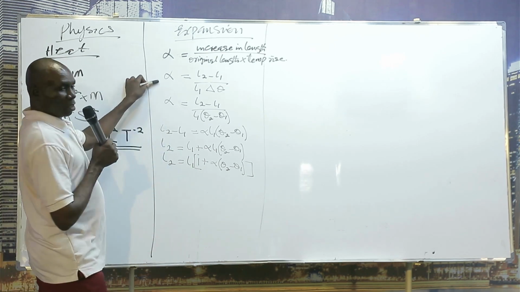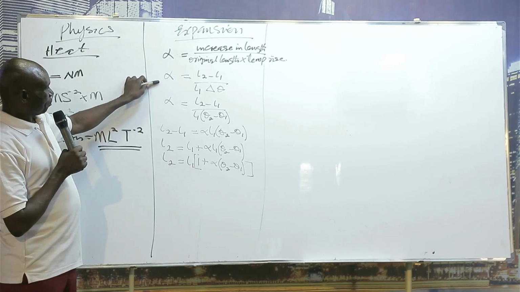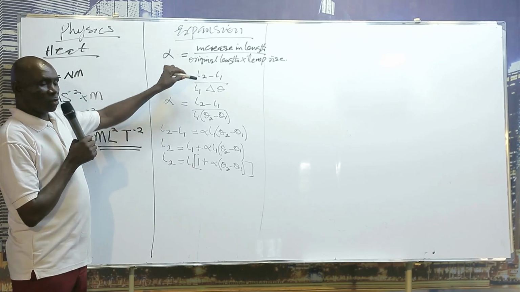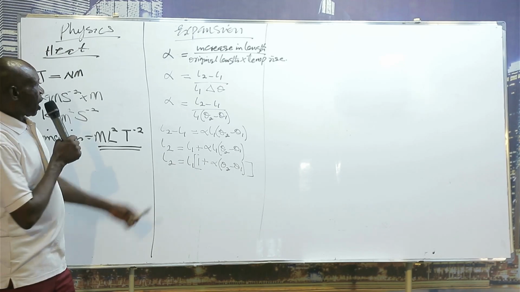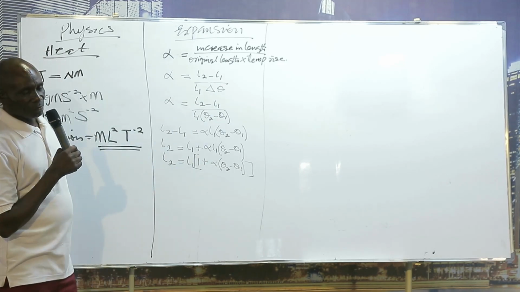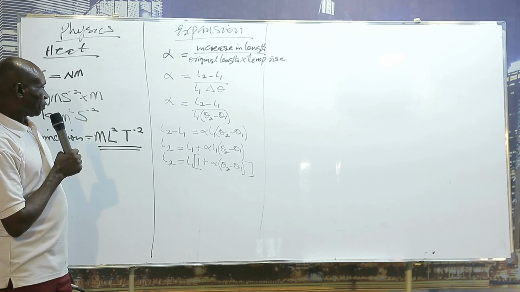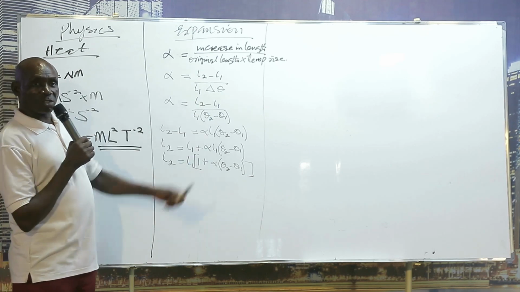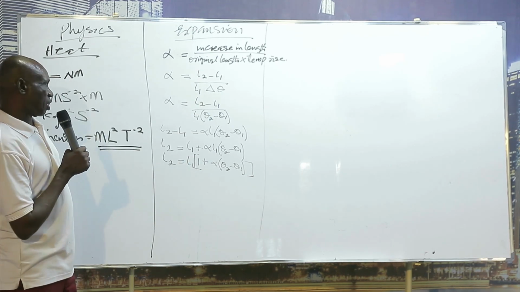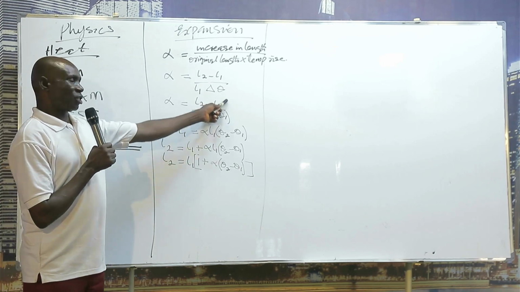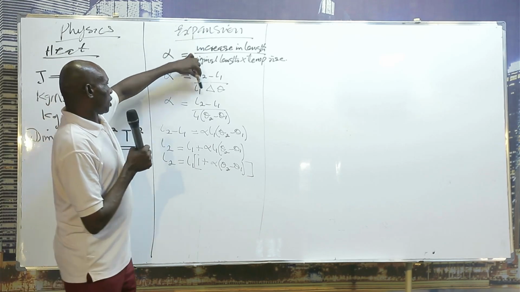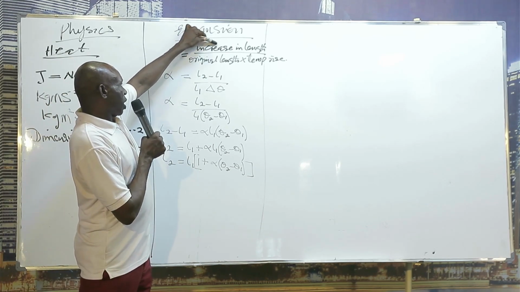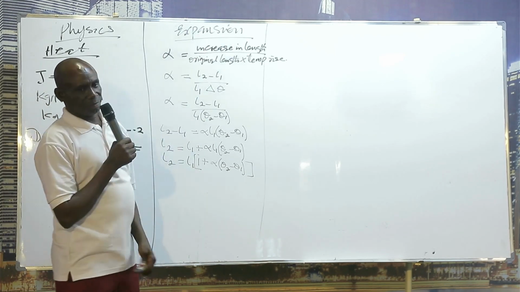Alpha means what? Linear expansivity. L2 means what? Final length. L1 means what? Original length. Triangle theta means what? Change in temperature. I can also say triangle L is the change in length.